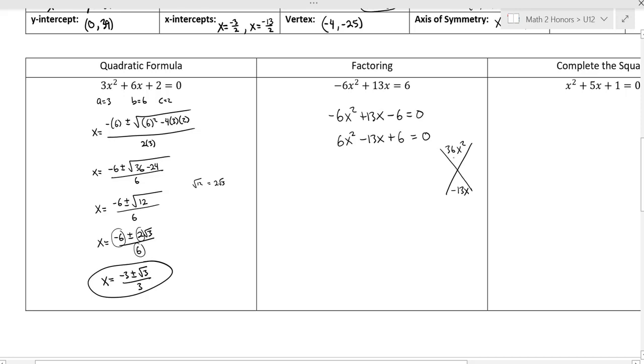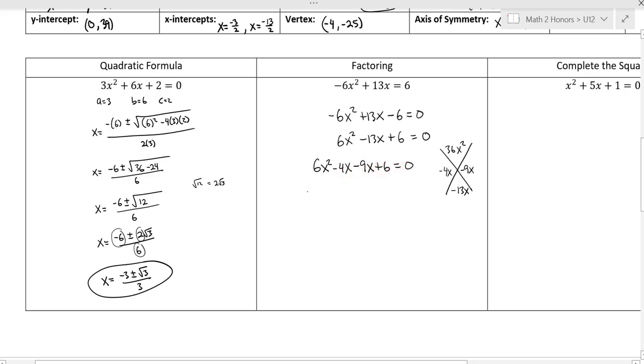You got 2 and 18, no. 3 and 12. Doesn't seem like that. 4 and 9. 4 and 9 add to 13, so negative 4x and negative 9x. Split up the negative 13x to negative 4x and negative 9x.